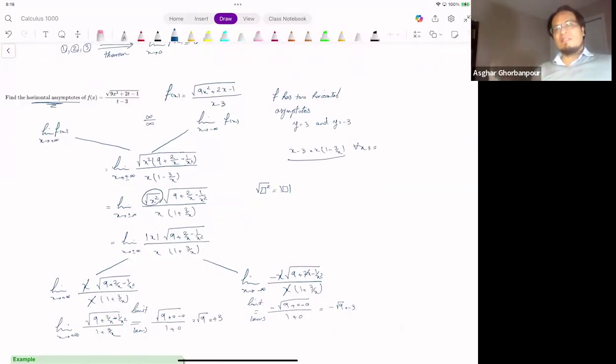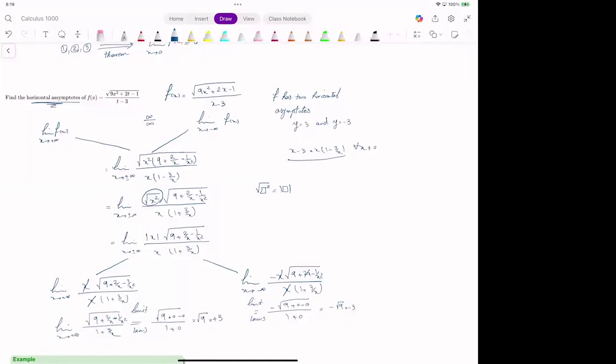And to resolve the indeterminate form infinity over infinity, you have to factor out the dominant term in the numerator and factor out the dominant term in the denominator. Does that make sense? Yeah, that's good. Thank you.